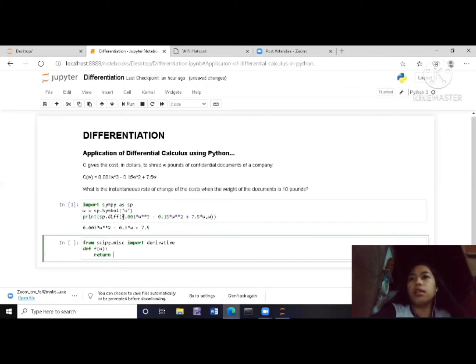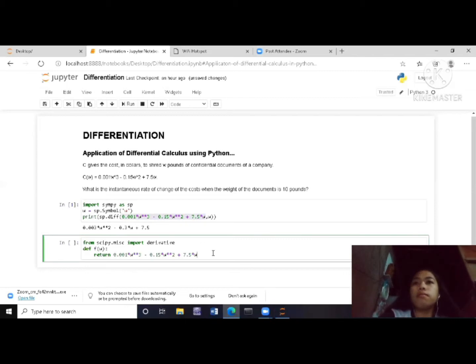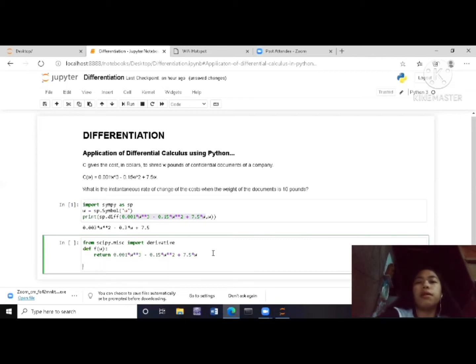I-copy na lang natin dito yung function. Tapos i-print na natin para malaman natin yung sagot.